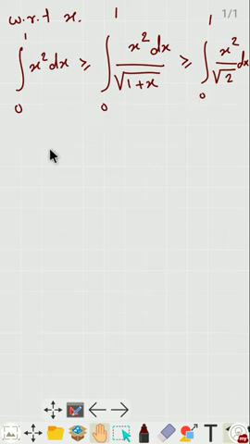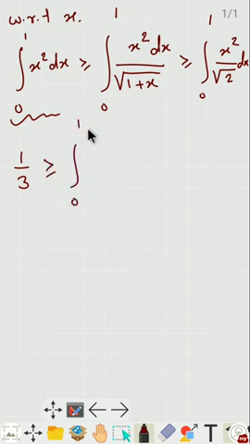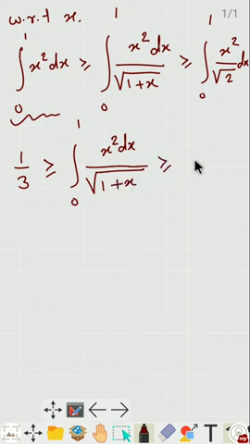The value of the left integration becomes 1 by 3, and it is greater than or equal to integration of 0 to 1 of x square dx whole divided by square root of 1 plus x, which is greater than or equal to 1 upon 3 root 2. So this is the required inequality.